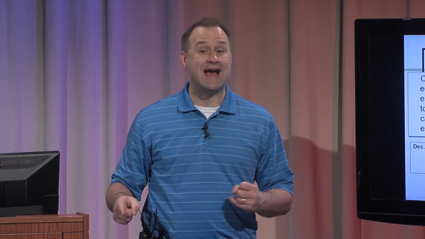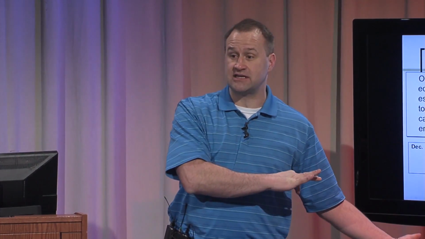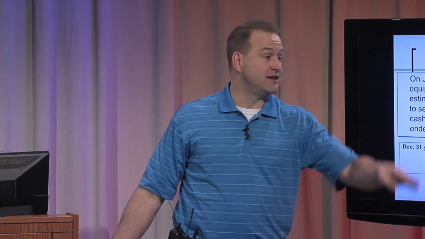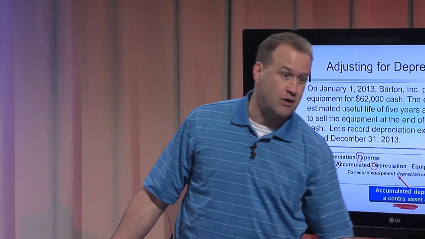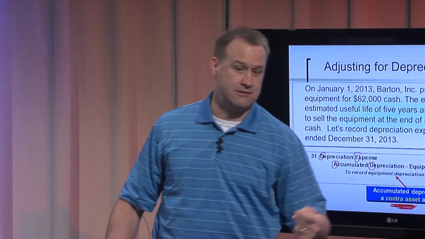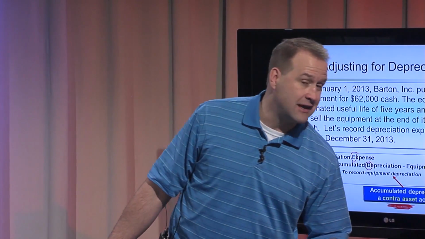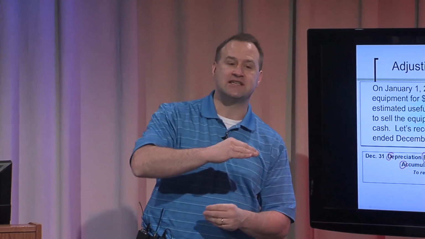Well, we contrast, contradict. It means the opposite. So if you say, I think the Royals are going to win the World Series this year, I might say, I'm going to contradict you. I'm going to take the opposite opinion. I think they're going to be bad. Okay? Contra means opposite. So we know an asset is a debit balance account. So what do you think is the normal balance of a contra asset account? Credit? It's a credit balance.